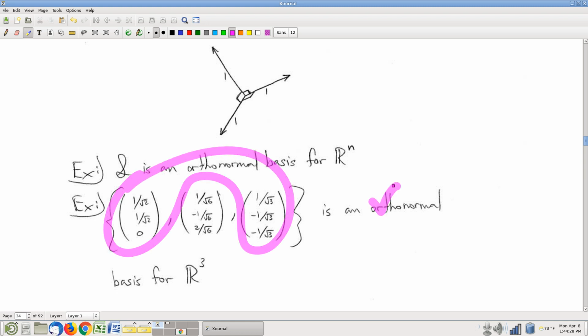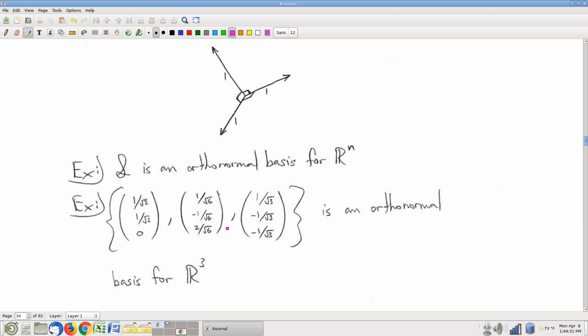Easy dot products. You can do those on your own. Next requirement, though, the normality. This one has magnitude 1. This one has magnitude 1. And this one has magnitude 1. And sure enough, details all check out. This is an orthonormal basis for R3.